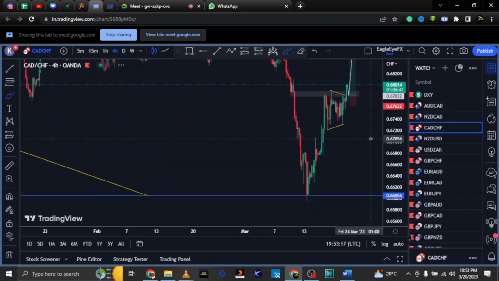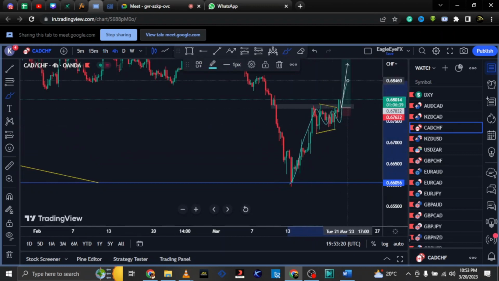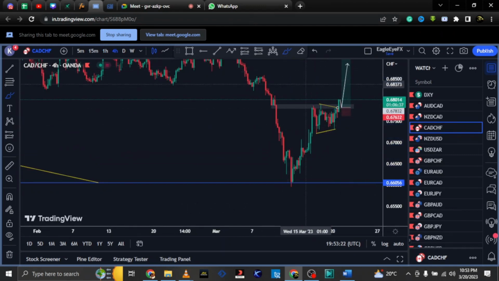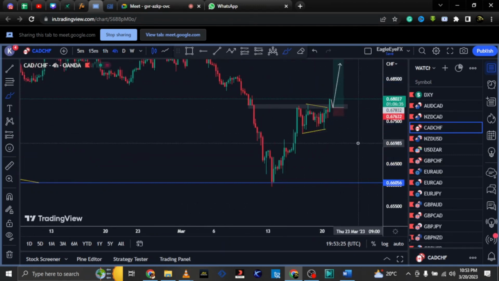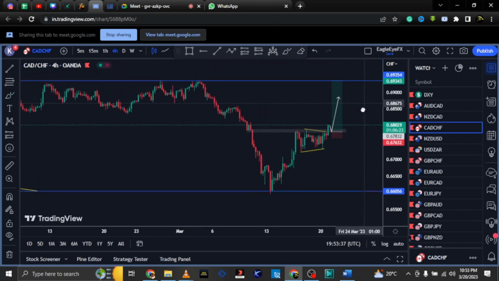Let's go to 4 hours. Then we had our impulse move and correction. Definitely we are looking for a continuation. So this is something you can add to your watch list. Wait for a retest at around 67,832, thereabouts, and then continue.